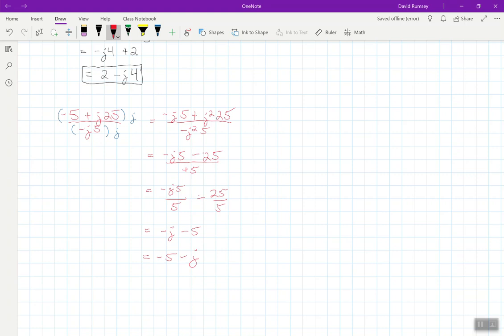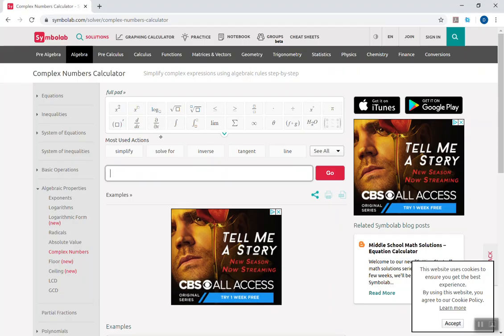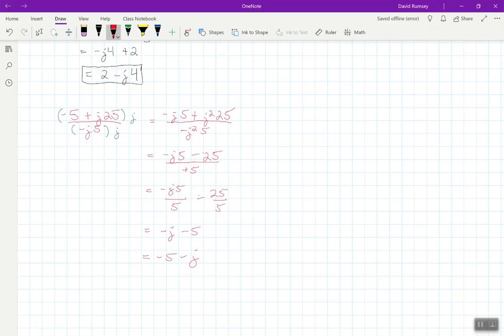Now let me pause this for a second and show you doing this computation using a calculator. So this website here is a free website, and it will do some complex numbers for us, but remember, when we are doing the complex numbers, in our calculator we have to do it as i.